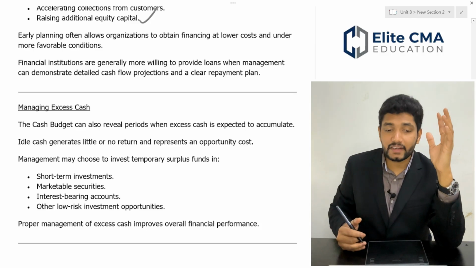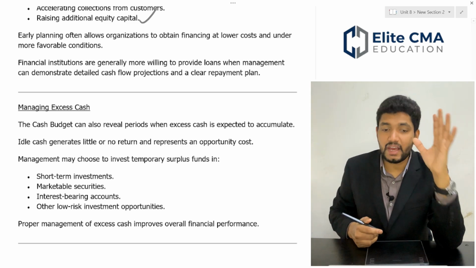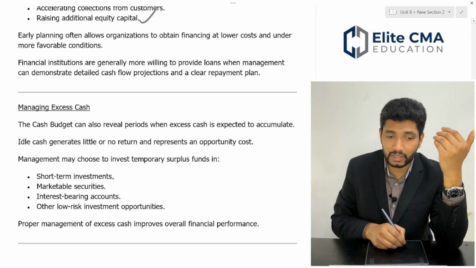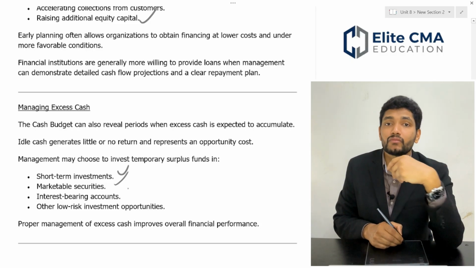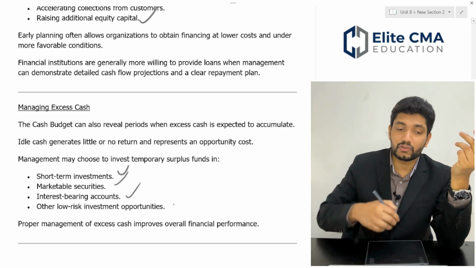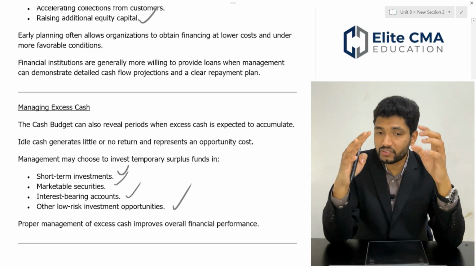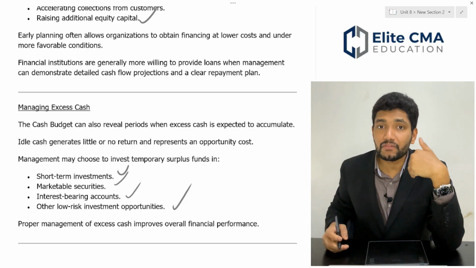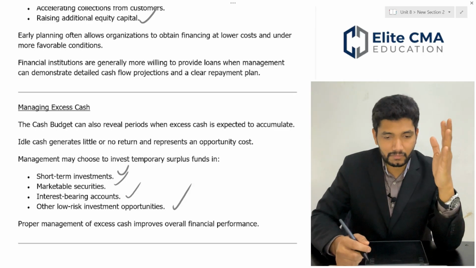So if the management identifies excess cash in the business, it has to plan for it as well, like a short-term investment, investing in marketable securities, interest-bearing accounts or other low-risk investment opportunities. So if the business expects some excess cash, it has to be properly managed and invested in a profitable way.